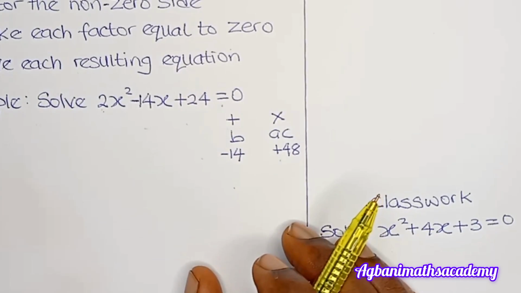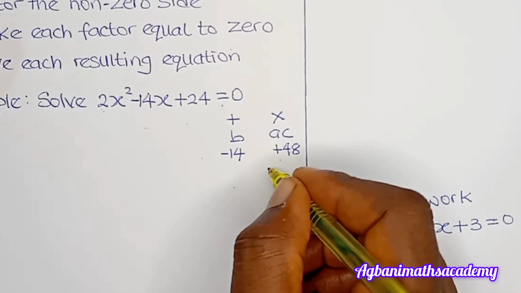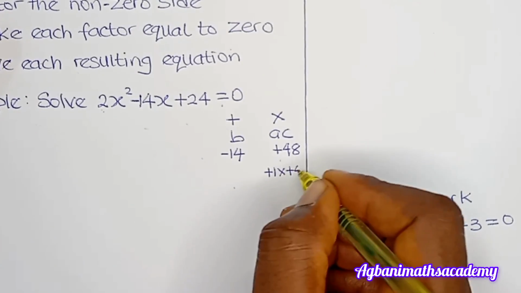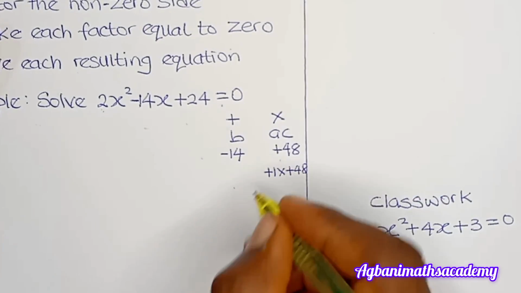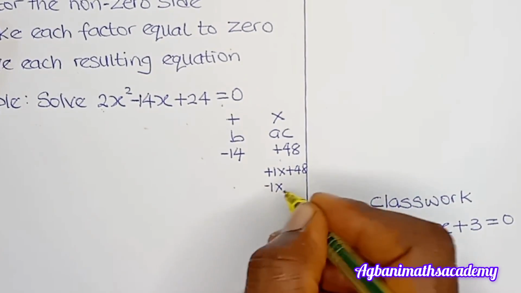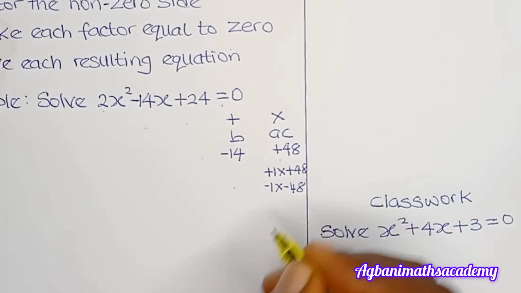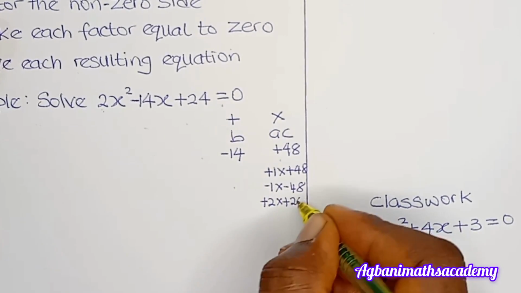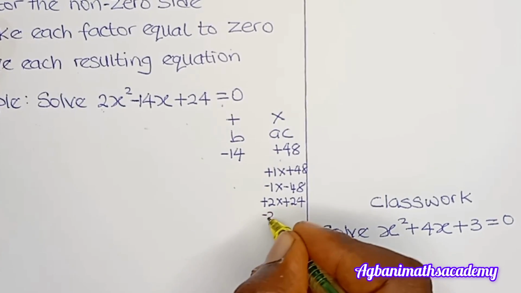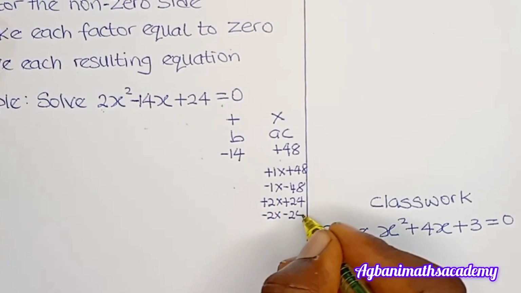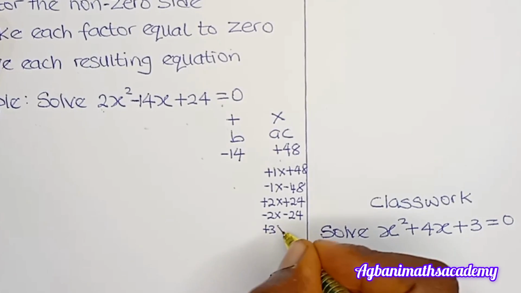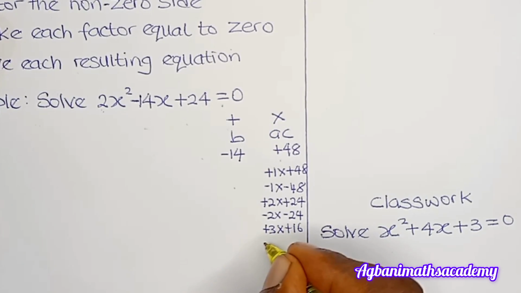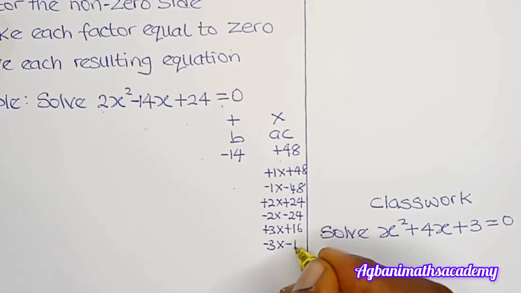So let's write down the possible numbers. We have plus 1 times plus 48, which will give us plus 48. Minus 1 times minus 48. We have plus 2 times plus 24, minus 2 times minus 24. We have plus 3 times plus 16, minus 3 times minus 16.